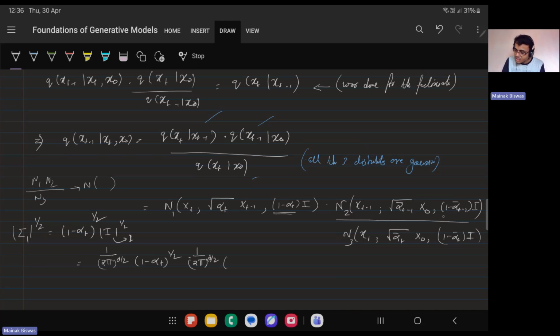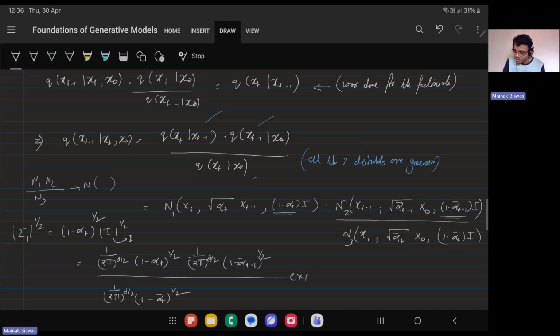Again, the variance will be multiplied, 1 minus alpha t minus 1 to the power half. And I will have a denominator term 1 by 2 pi to the power d by 2, and the variance 1 minus alpha t bar to the power half.